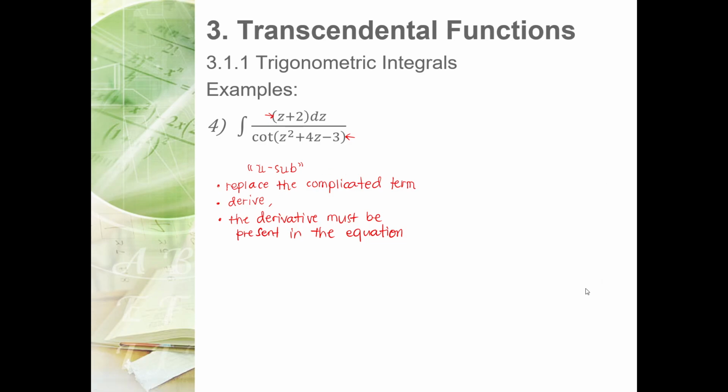So u is equal to z squared plus 4z minus 3.